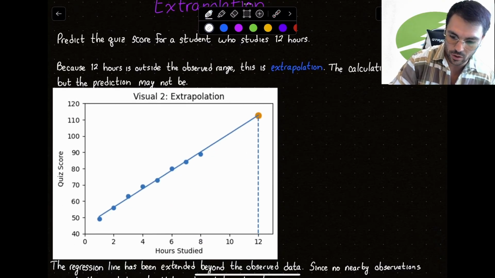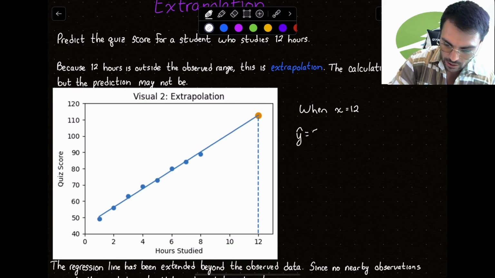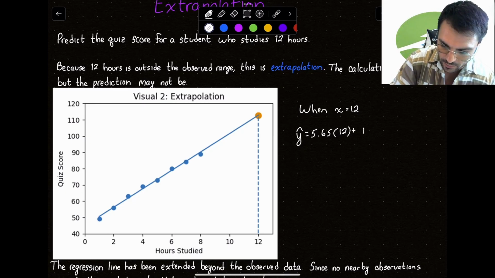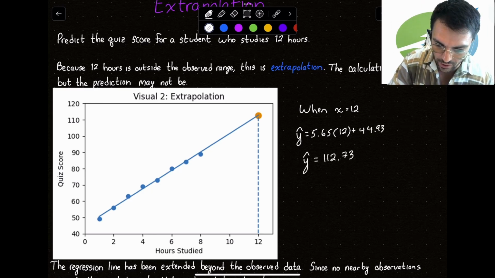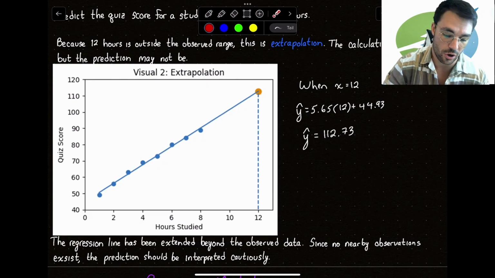Let's make a note: when x equals 12, y hat equals 5.65 times 12 plus 44.93, so y hat equals 112.73. Based on the data given, we can estimate that if a student studies 12 hours, this is the score they're going to receive.